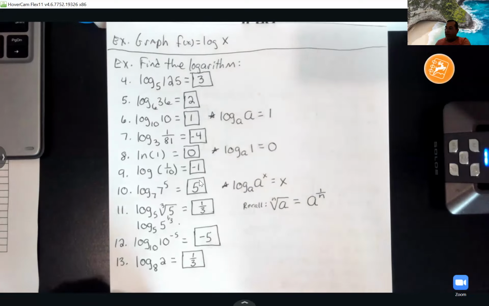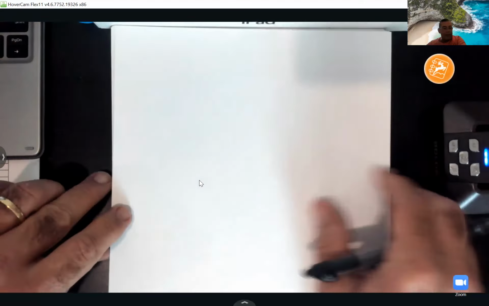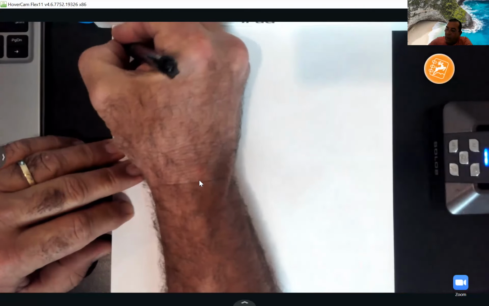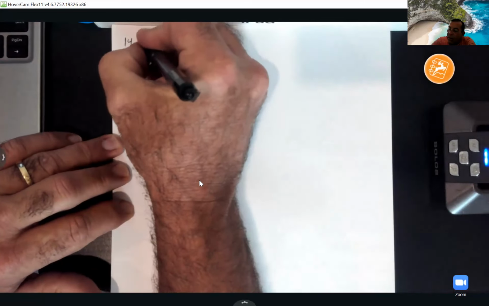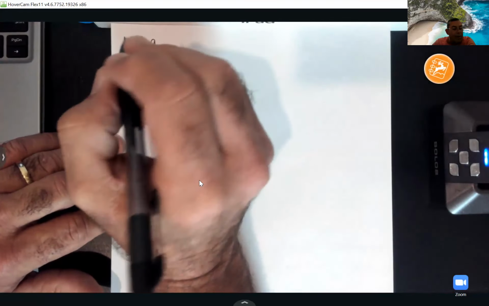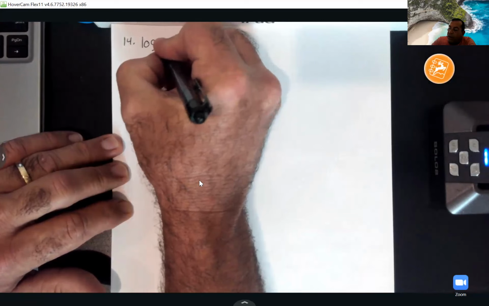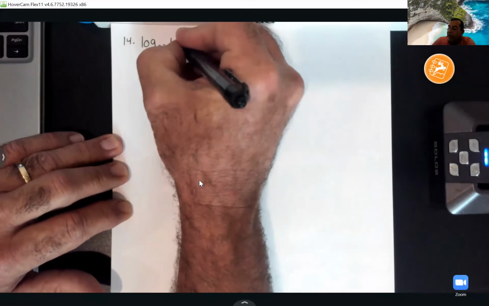All right, y'all, let me turn over here. All righty, so get my paper better here. Number 14: log base 23 of 1.